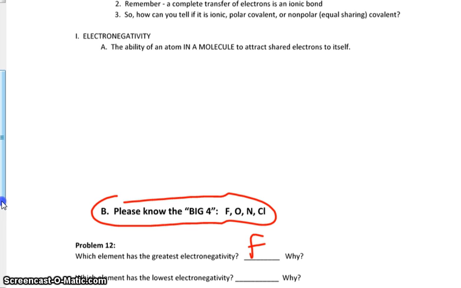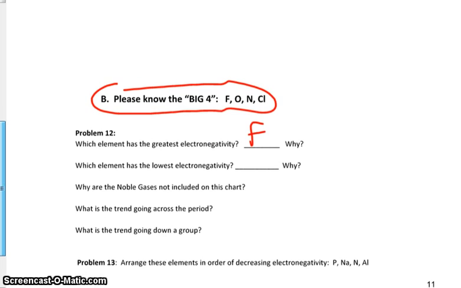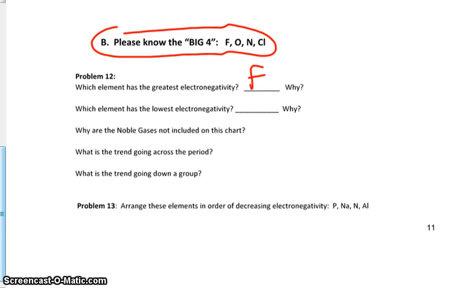Let me scooch this up a little bit. All right, so which element has the lowest electronegativity? Well, where is the width of the tiles the lowest? Hopefully you'll see, I believe it's francium. Okay, and why is it? It's for the same reason we talked about in periodic trends. It has the least effective nuclear charge.